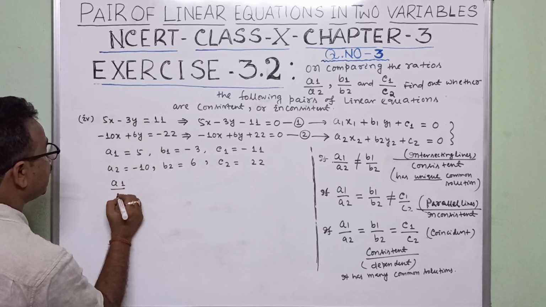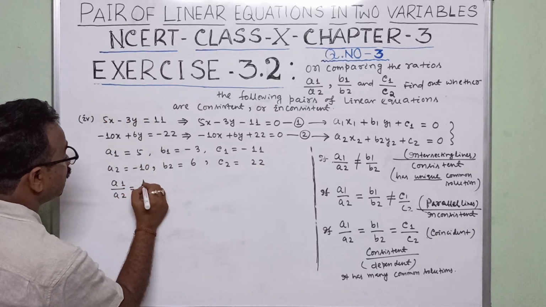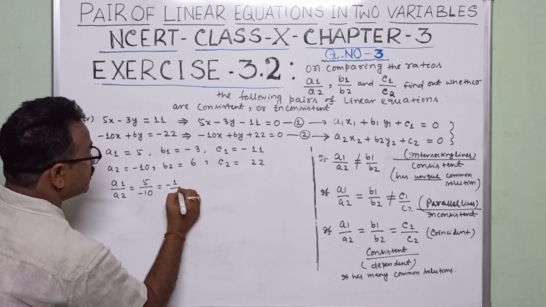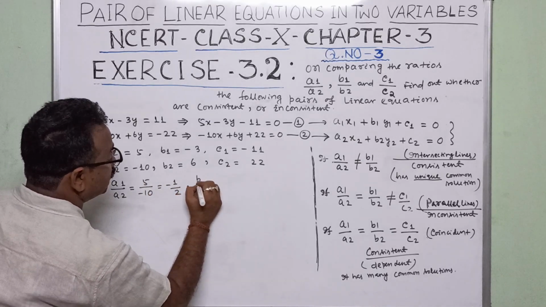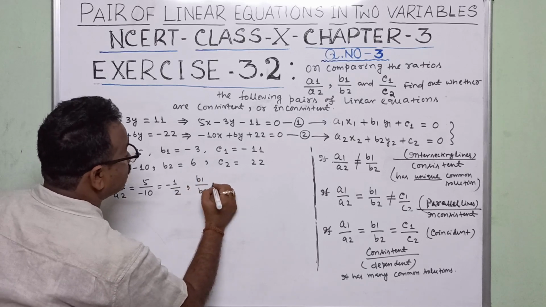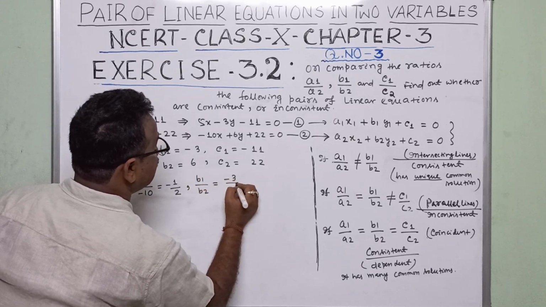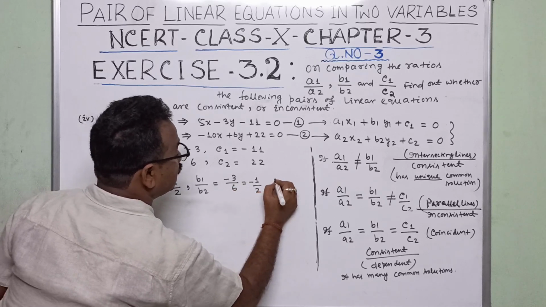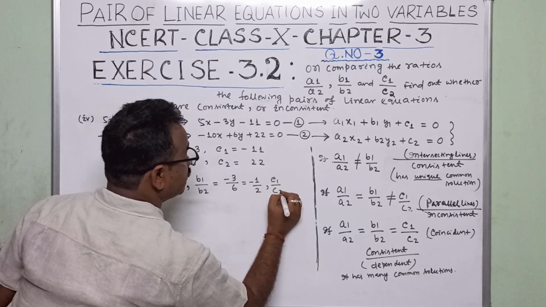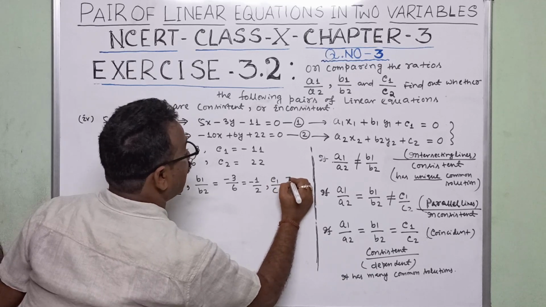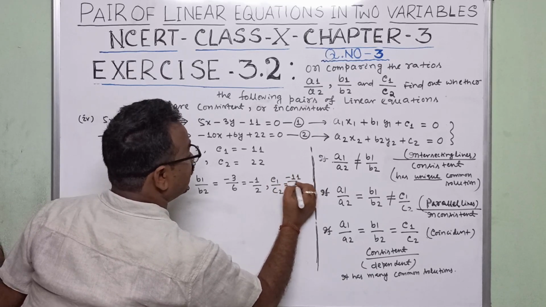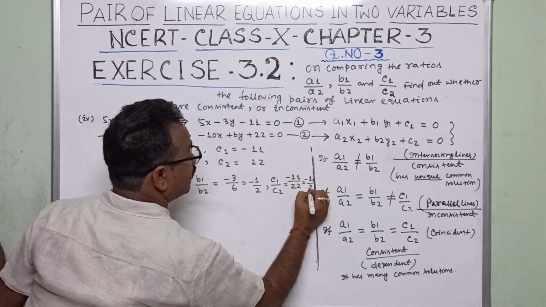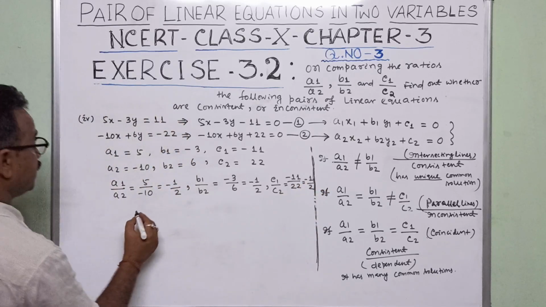Now A1 by A2 is equal to 5 by minus 10, which is minus 1 by 2. B1 by B2 is equal to minus 3 by 6, which is minus 1 by 2. C1 by C2 is equal to minus 11 by 22, which is minus 1 by 2.